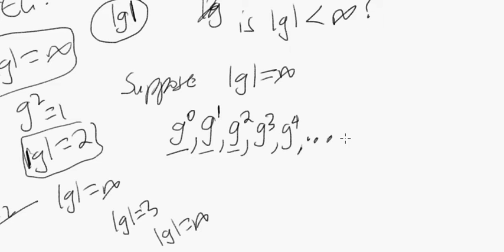So let's go up to g to the order of big G. Can any of these give us the identity, given that G is finite?